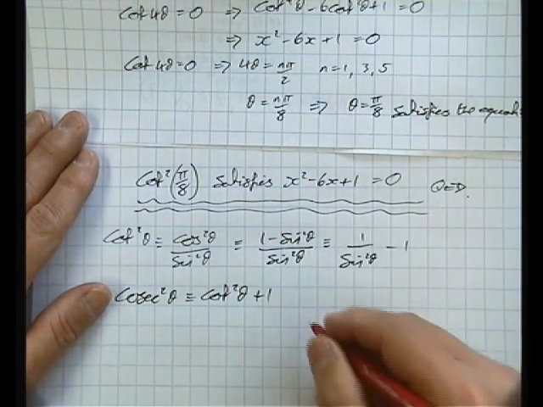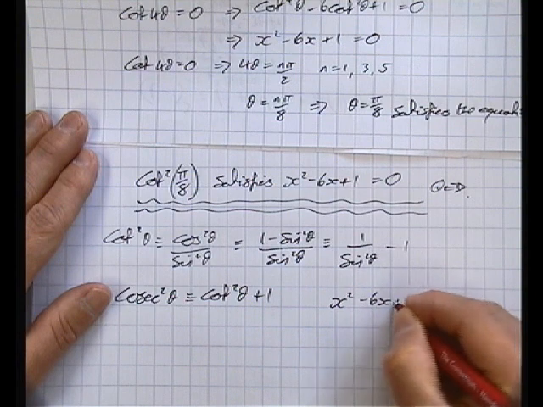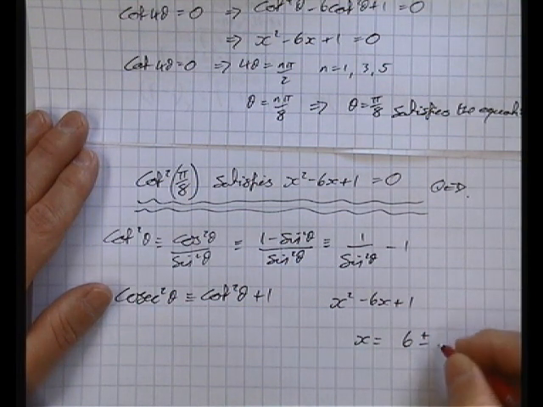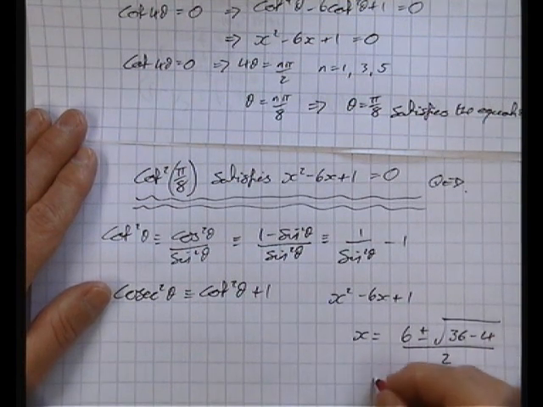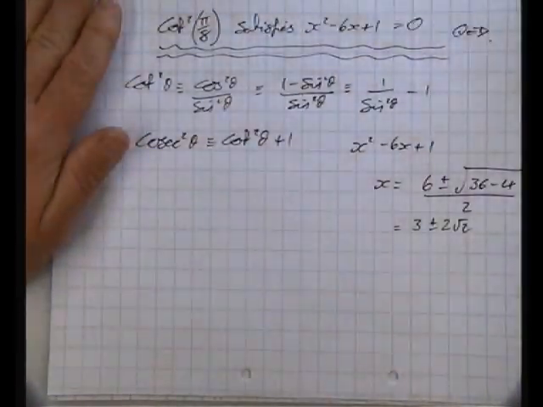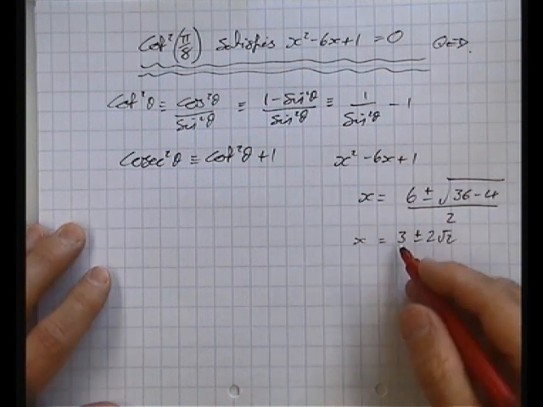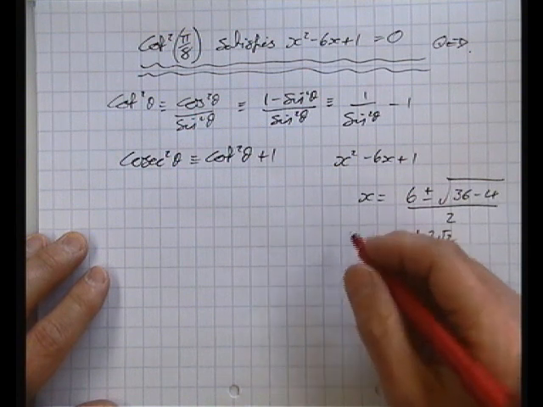So if I've got x squared minus 6x plus 1, that means x is going to equal 6 plus or minus the root of 36 minus 4, all over 2, which is going to be 3 plus or minus 2 root 2. So that's a value for x there, which is also, remember, a value for cot squared pi by 8.